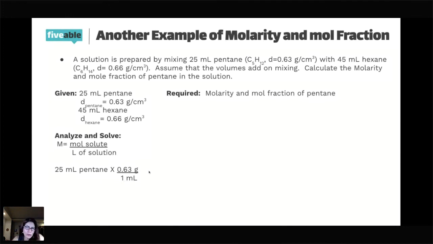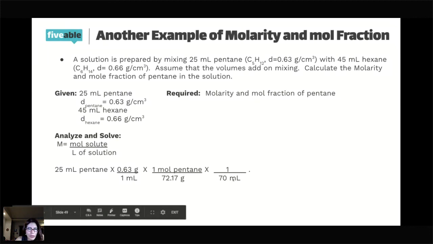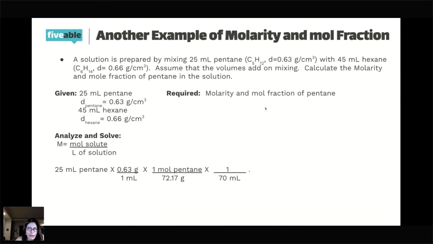Now we can do as we did on the previous problems, where the grams can be changed to moles using the molar mass. And then we can divide by the total volume of the solution, in this case, the addition of 25 and 45, so 70 milliliters.